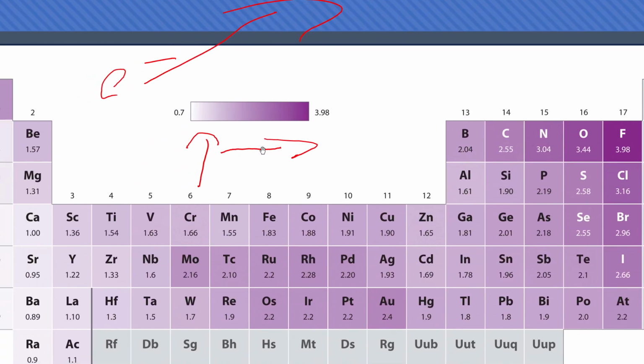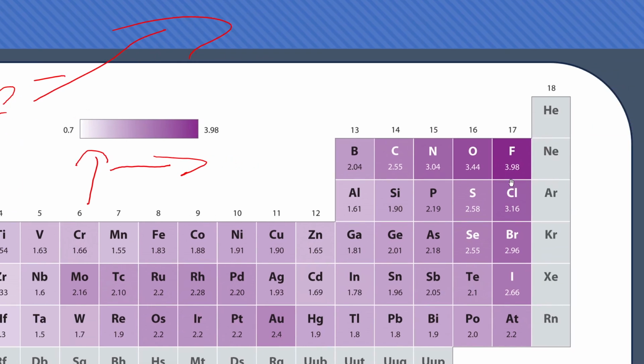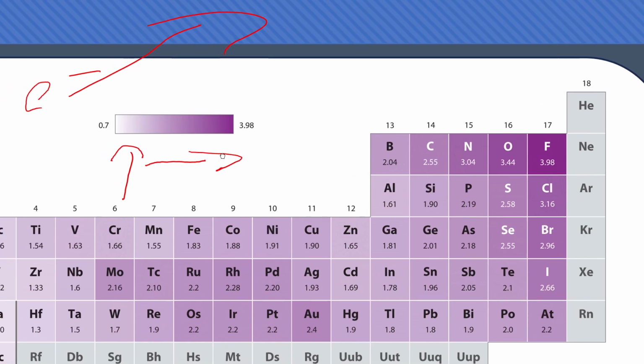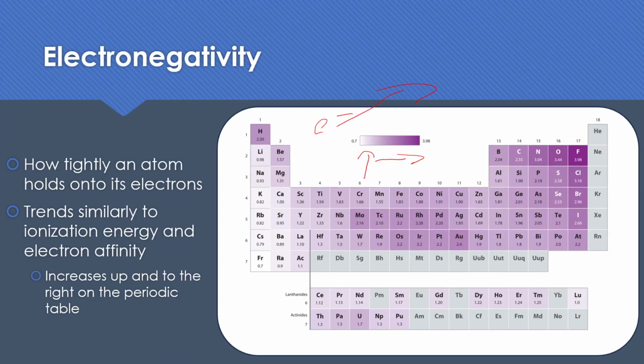Okay? So generally speaking, any of the halogens, nitrogen or oxygen, will form polar bonds. Generally speaking, it's not 100% true. So like carbon-sulfur, nonpolar. Carbon-oxygen, polar.